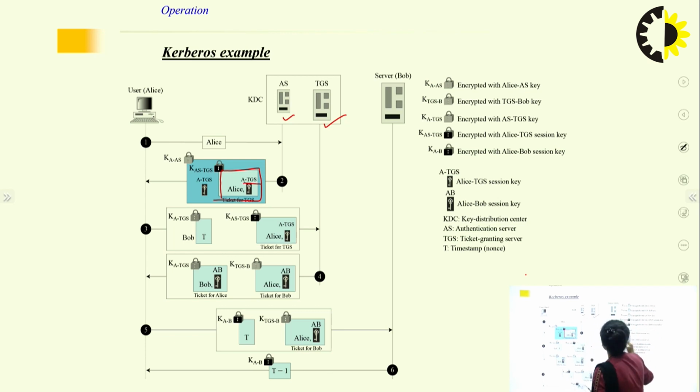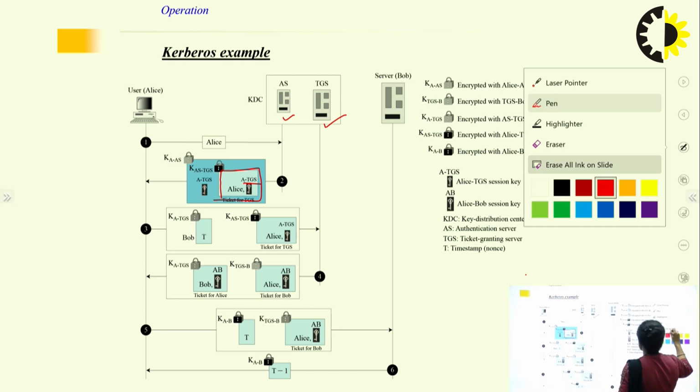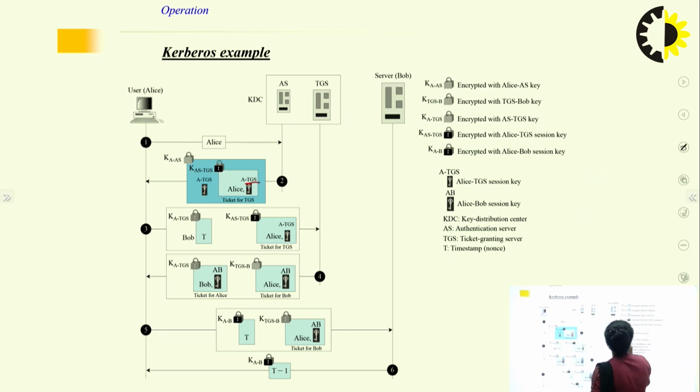As I explained, ATGS is a key that will be shared between Alice and TGS, or it is a session key between Alice and TGS. So the authentication server creates a ticket, and the ticket is made up of the session key between Alice and TGS, a message, and the name of the receiver, Alice.